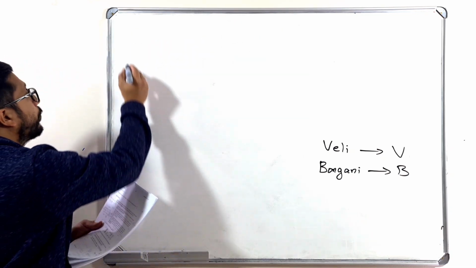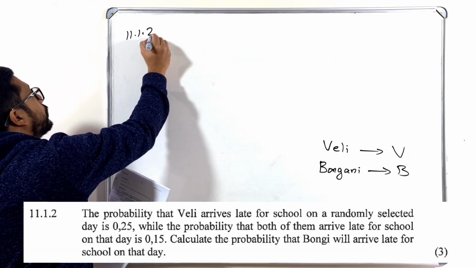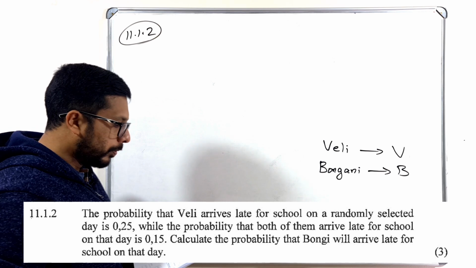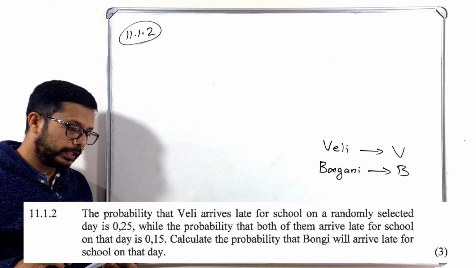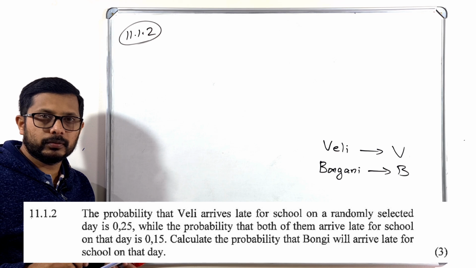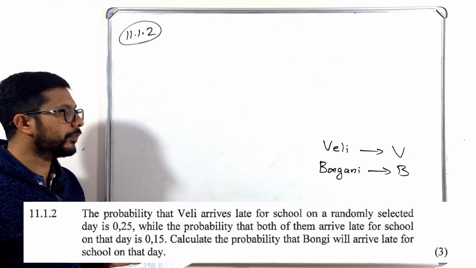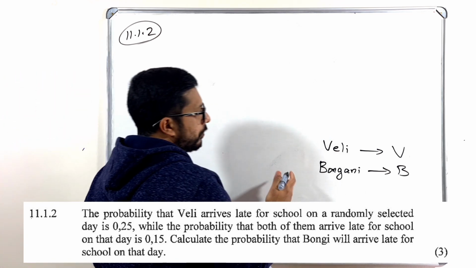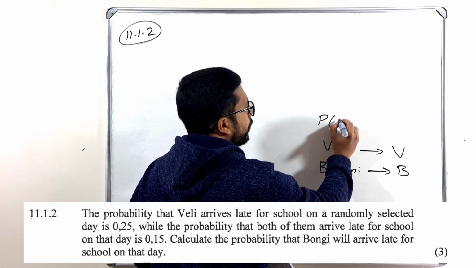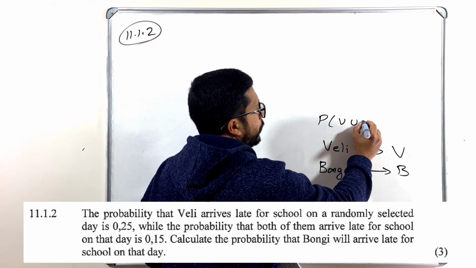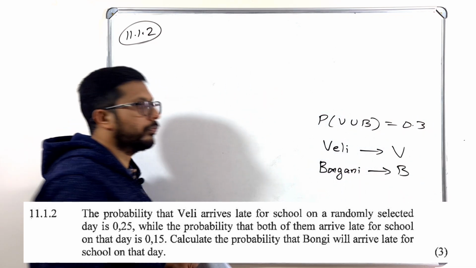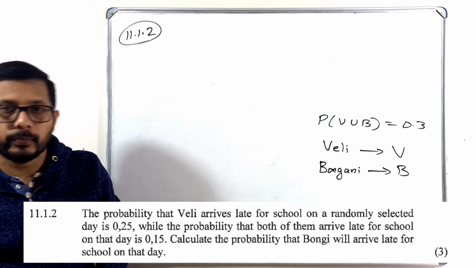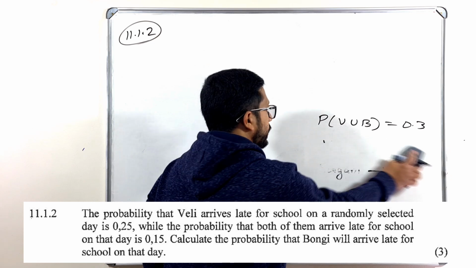Question number 11.1.2. What is the question? The probability that Valley arrives late for school on a randomly selected day is 0.25. Before I go to that question, what is the answer we got? The probability of Valley union Bongani, from the previous question, is 0.3.